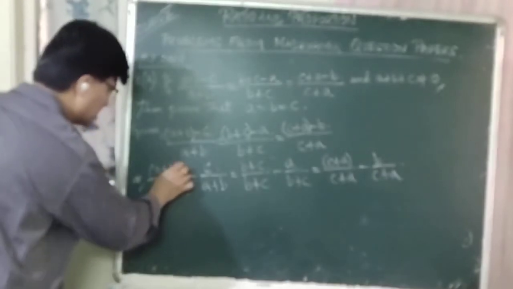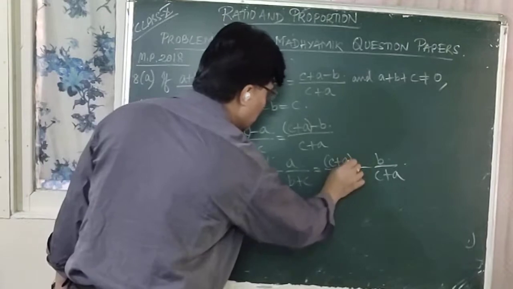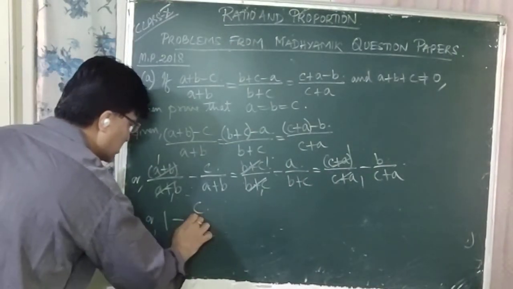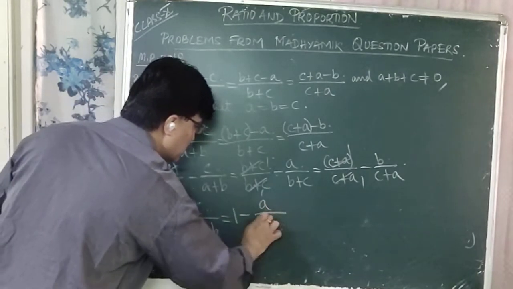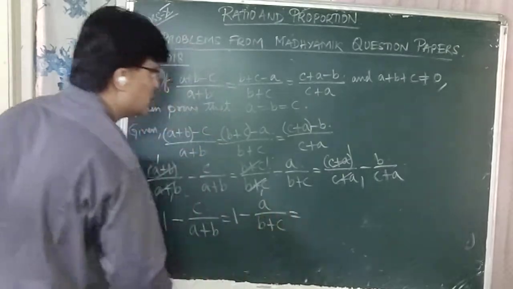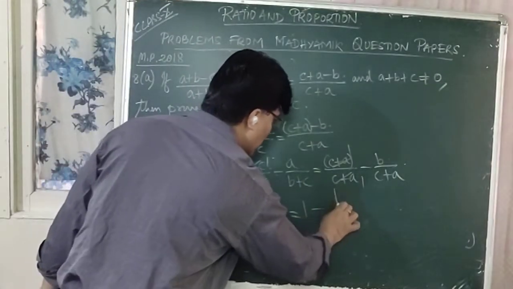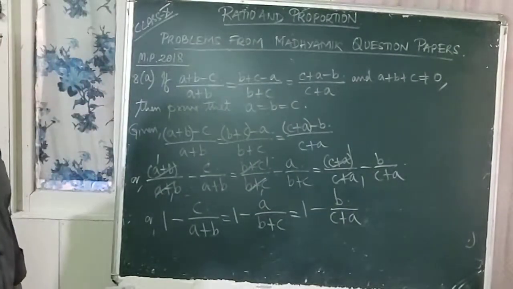Here we can cancel it, that means one time, this is also one time. So what do we get? 1 − C/(A + B) = 1 − A/(B + C) = 1 − B/(C + A).